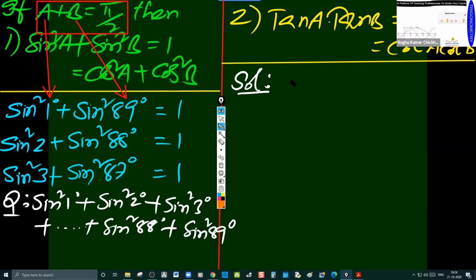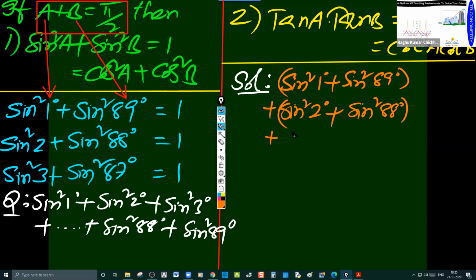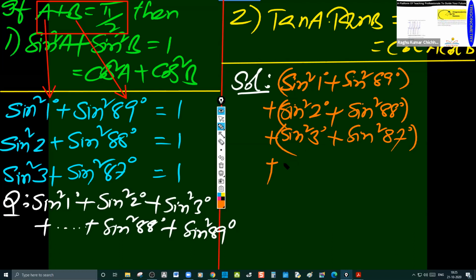Sine square 1 plus sine square 89, sine square 2 plus sine square 88, plus sine square 3 plus sine square 87, plus and so on. How many such pairs do you get? That's my question, please.